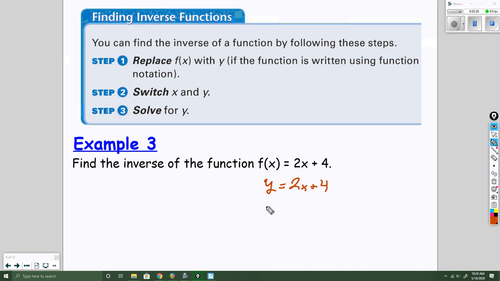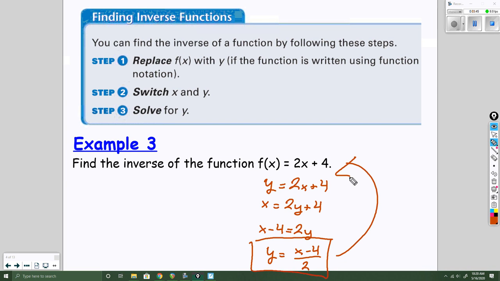So y becomes x becomes y, and then we're just going to solve for y like we normally would. So we would subtract 4 from both sides, divide by 2, and what we get is x minus 4 all over 2. This equation would be the inverse of that previous equation.